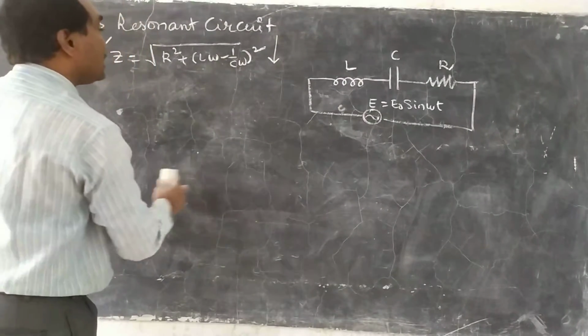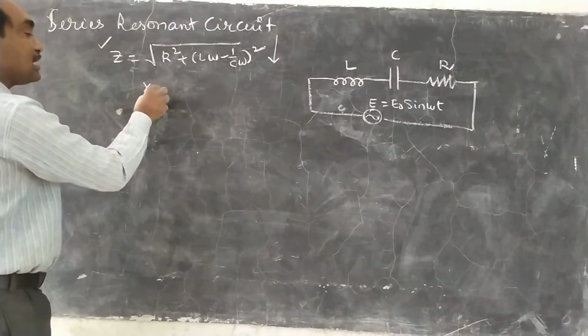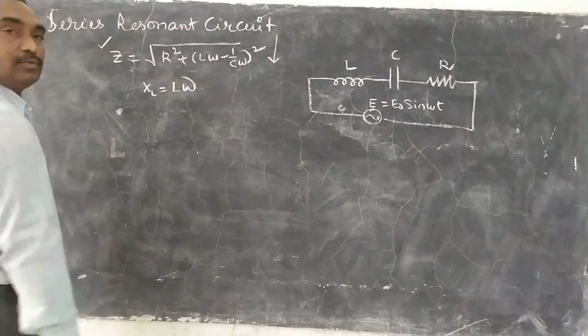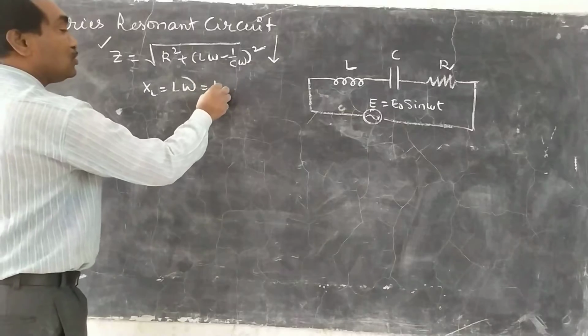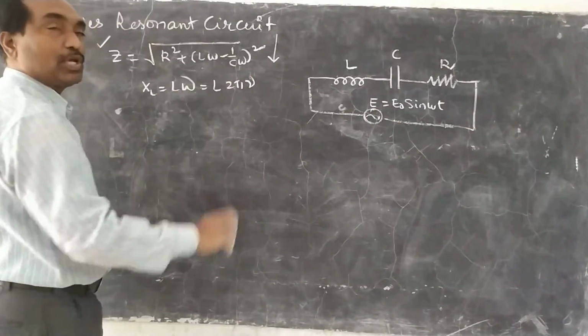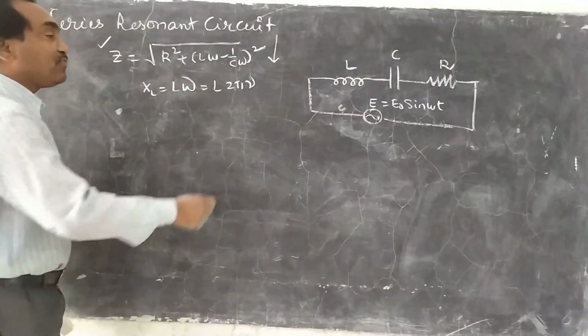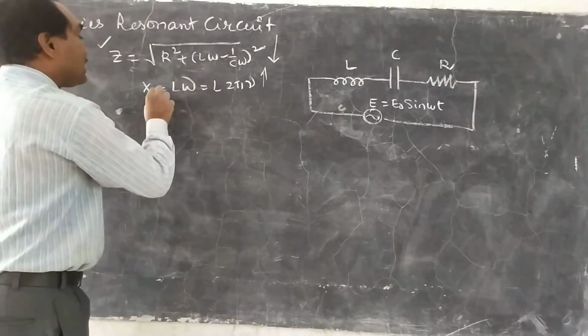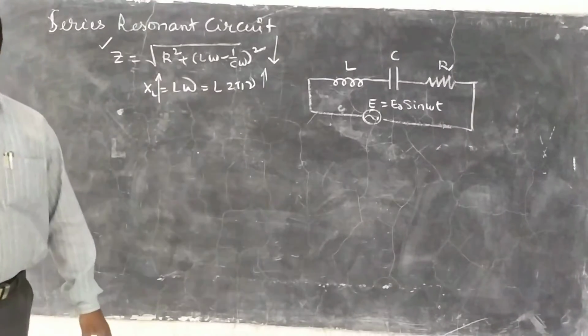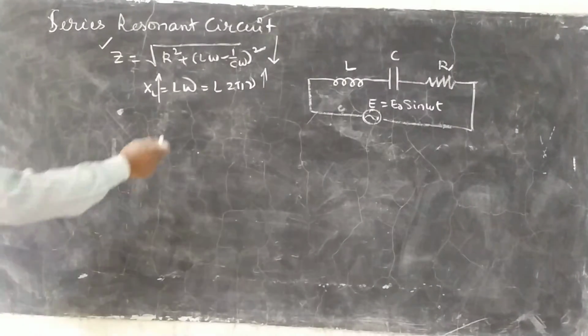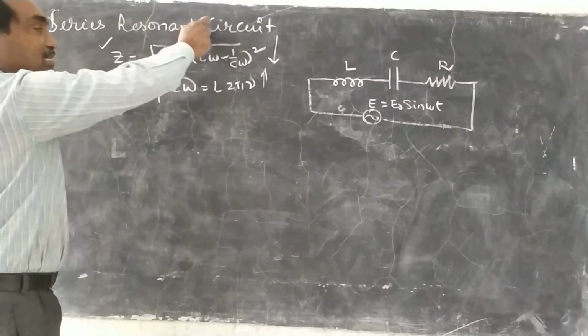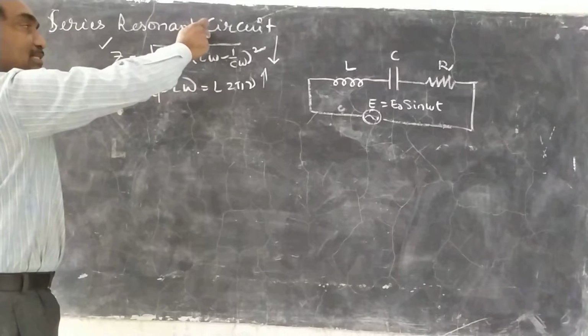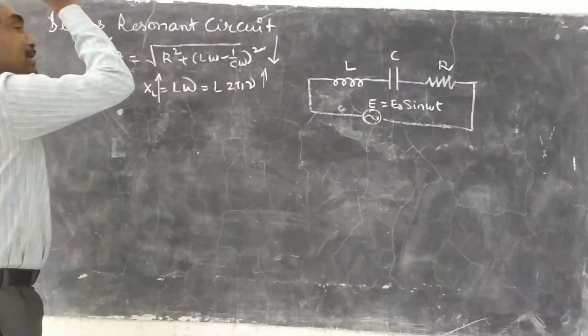We know inductive reactance XL is equal to L omega, and omega is equal to 2 pi nu, where nu is the frequency. If frequency increases, XL increases. That is, inductive reactance increases, consequently impedance increases.